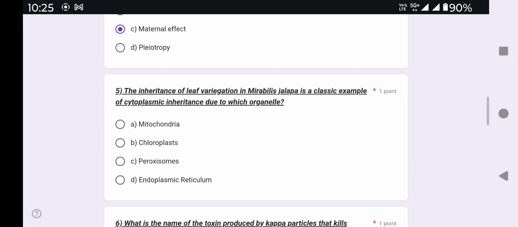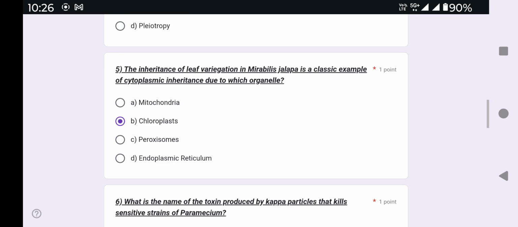And the fifth question is, the inheritance of leaf variegation in Mirabilis jalapa is a classical example of cytoplasmic inheritance due to which organelles? The options are A, mitochondria, B, chloroplast, C, peroxisome, and D, endoplasmic reticulum. The correct option will be option B, chloroplast.